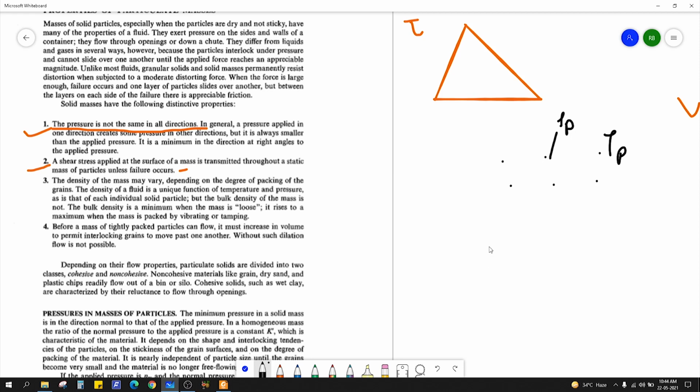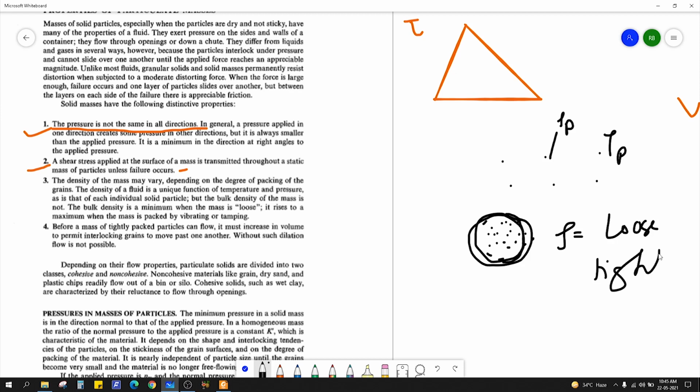But what about the bulk density? Bulk density, in the sense that suppose you have a mixture of particles of the same diameter. The density will be a function of the void fraction, or how tightly or loosely packed they are. If it is loose, the density will be different. If it is tight packing, then the density will vary. Suppose you have this container with loosely packed solid particles, then the density will be something.